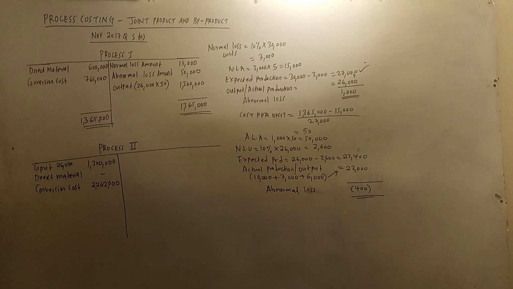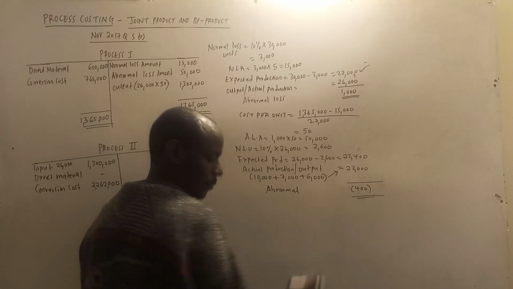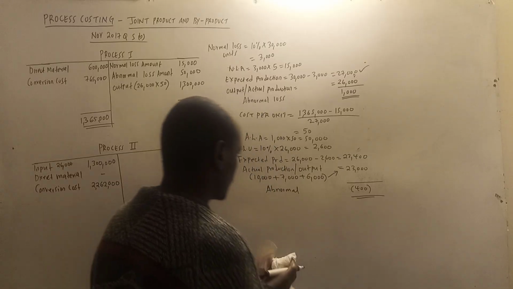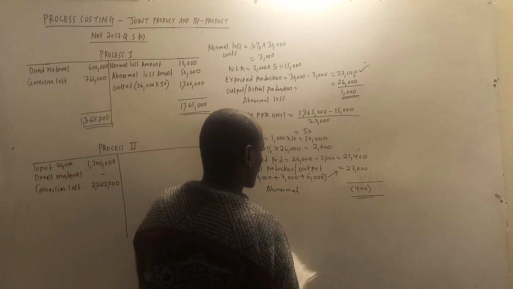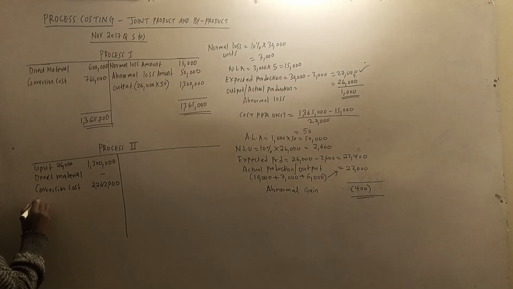Just a moment. So that will be a gain. So the second one, it will be a gain. So we put abnormal gain here.